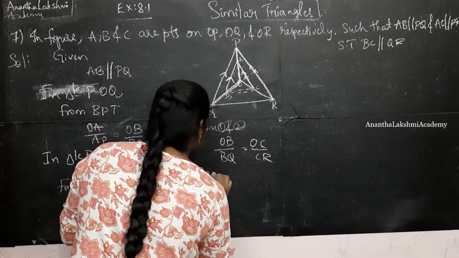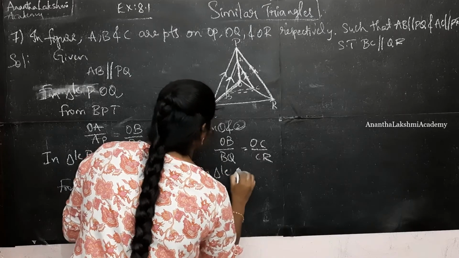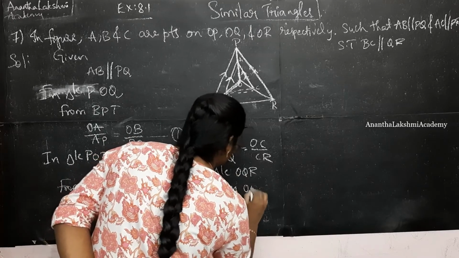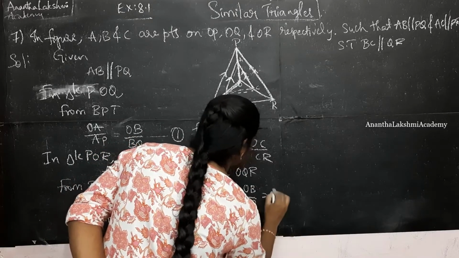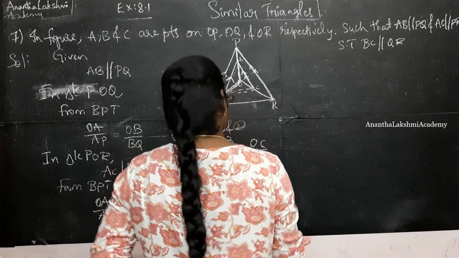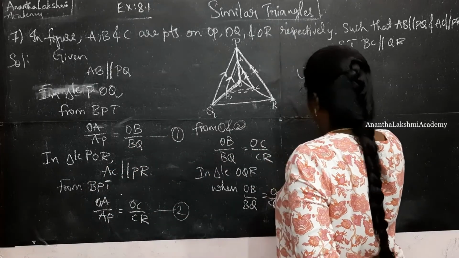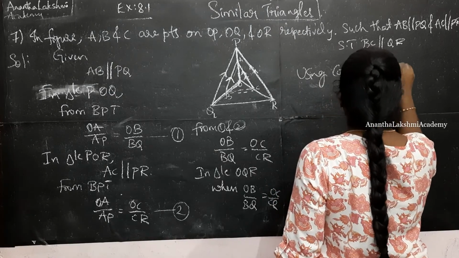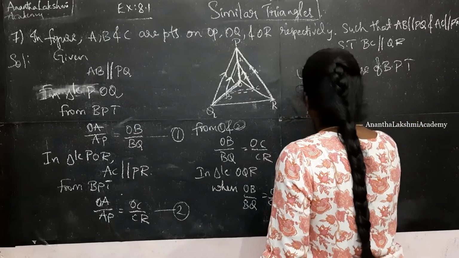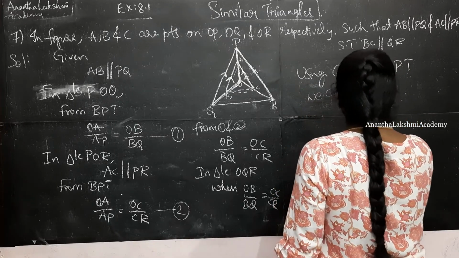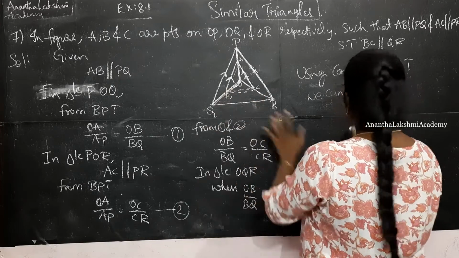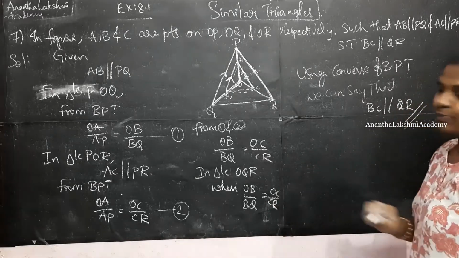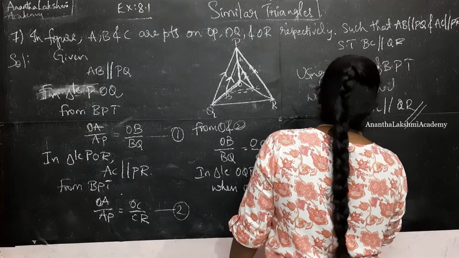In triangle OQR, when OB by BQ is equal to OC by CR, using the converse of basic proportionality theorem, we can say that BC is a line parallel to QR, and this is what we were supposed to prove. Hence, proved.